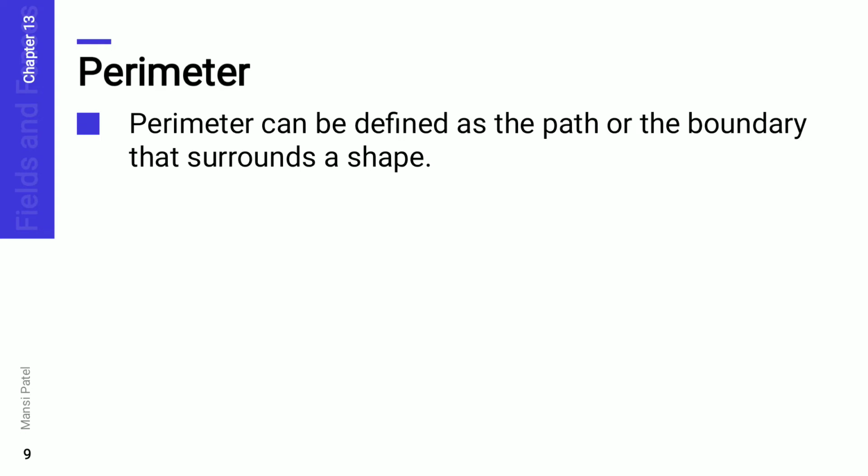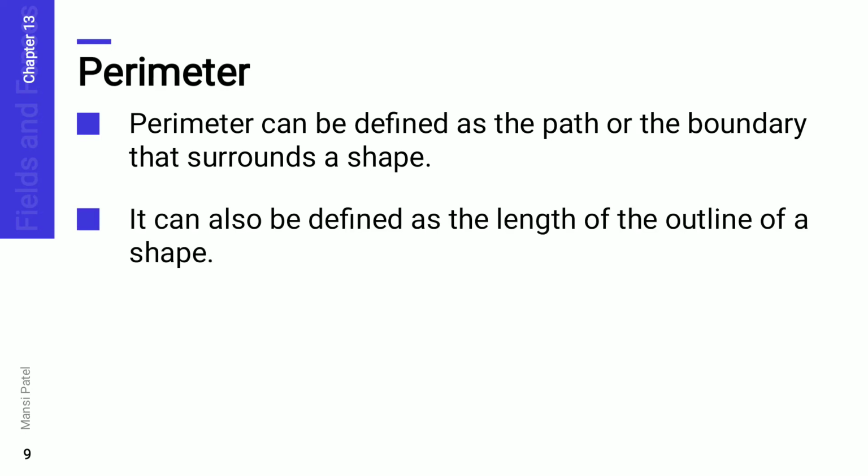You add the measurements of all the sides, and then you get the perimeter of the given shape. Or we can say that it can also be defined as the length of the outline. In other words, perimeter can be defined as the outline of any shape.